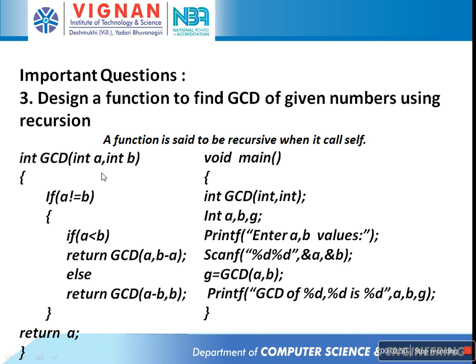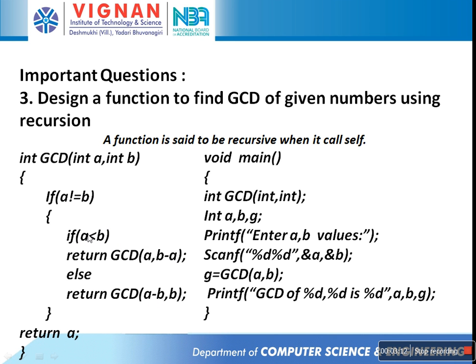Now when this function is called, immediately we will check if the two arguments are different or not. If those are different, then we need to find out which is smaller. If a is smaller, then we call the same GCD with the smaller one, and the difference of higher one and smaller one, this we call as difference, and the same procedure is repeated. And if it is not, then it goes to this one.